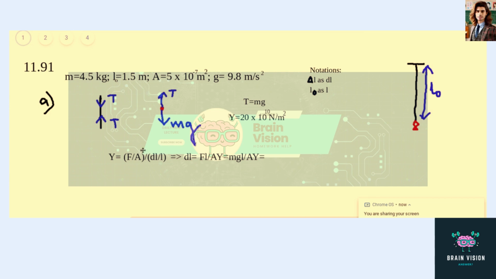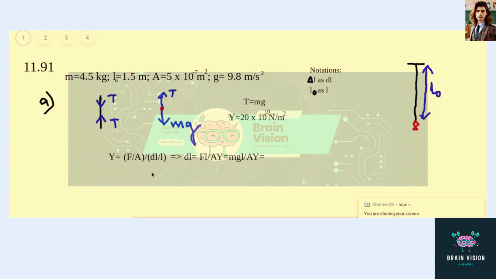Now let's use equation 11.10 from Young's book to find the stretch in the wire when the fish is hanging from it. We get the equation which says the Young's modulus is equal to tensile stress over tensile strain. The tensile stress is given by the tensile force over cross sectional area, and the tensile strain is given by the change in length over length.